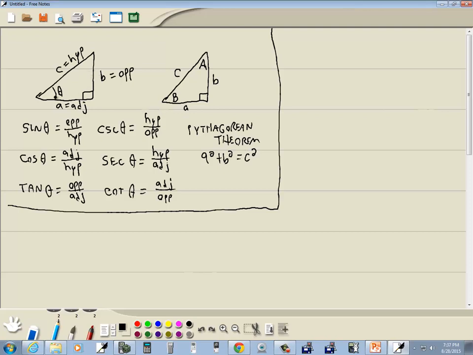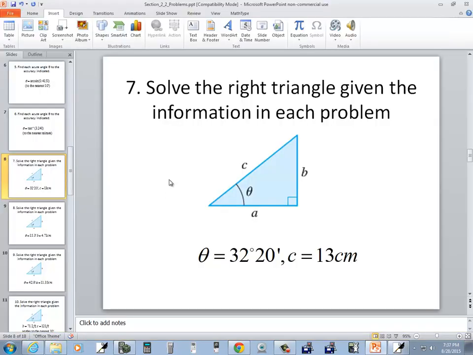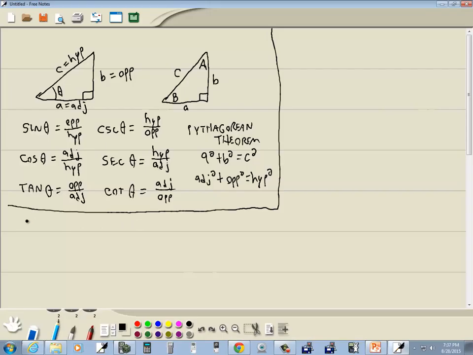In terms of our opposite, adjacent, and hypotenuse, that's adjacent squared plus opposite squared equals hypotenuse squared. So these are all our formulas we're going to use to work these problems. So let's take a look at our first one, number 7.